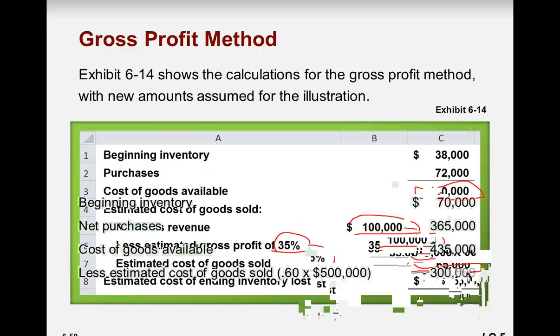So then what happens when we move on to period 2 is if our period 1's ending inventory is wrong, then that becomes period 2's beginning inventory, which makes the period 1 error carry over into period 2. When we trace the ending inventory of 20,000 from period 1 to 2, then compare periods 2 to 3.